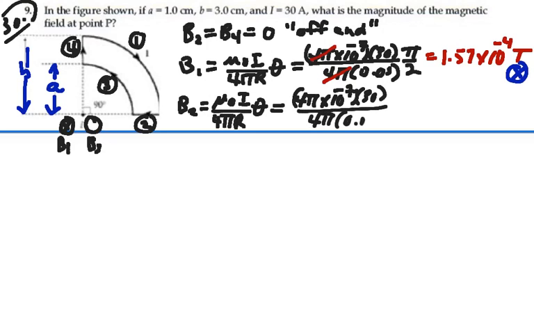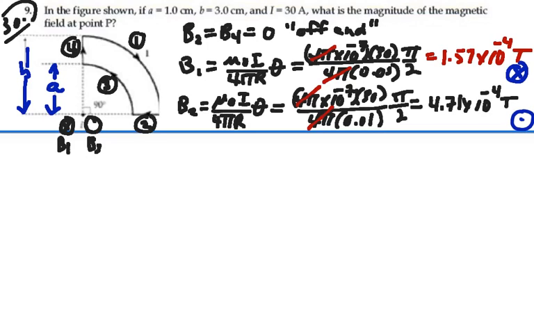Radius A is 0.01 meters, and we have the same angle, pi over 2. So the 4 pi's cancel out, and this is equal to 4.71 times 10 to the minus 4 Tesla. And as we said, that would be out of the page towards you.